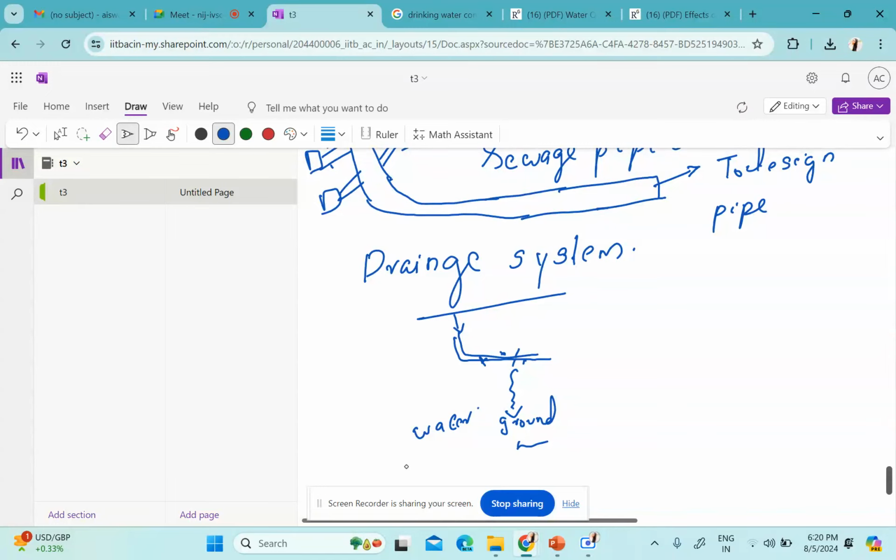That is the main problem nowadays in every municipality, and in the places where we are living. If we are living in a city area, an efficient drainage system is required.